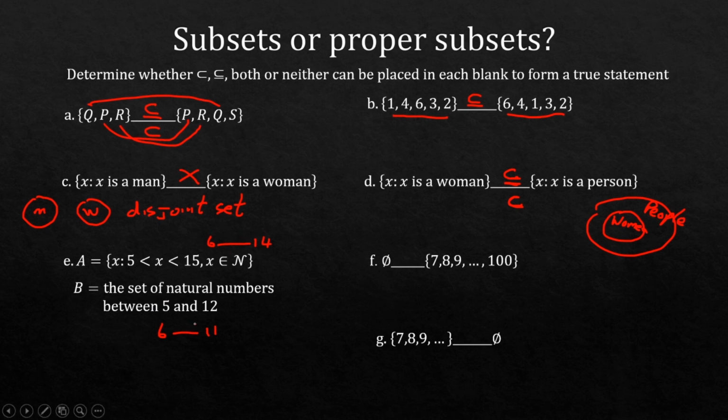No. If we write all the numbers, 6, 7, 8, 9, 10, 11 for set B, and set A is 6 to 14: 6, 7, 8, 9, 10, 11, 12, 13, 14.